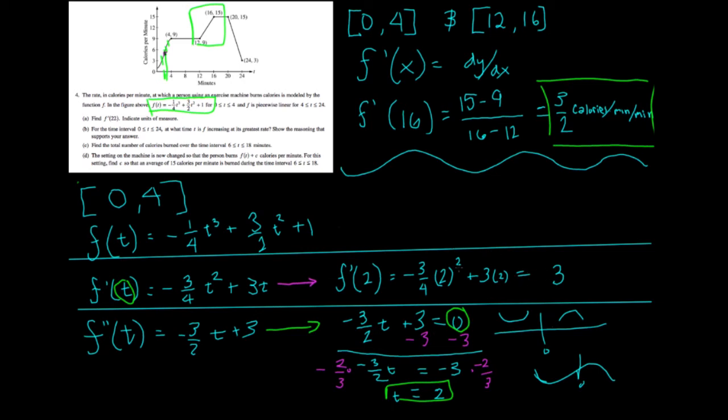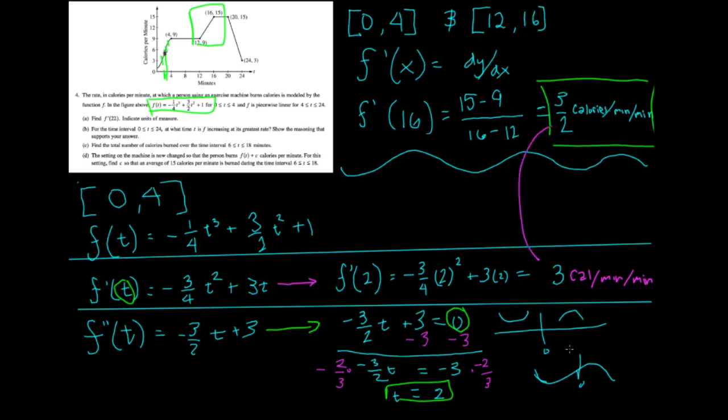So we get to plug that into our first derivative. And so negative 3 over 4 times 2 squared plus 3 times 2, which is equal to 3.